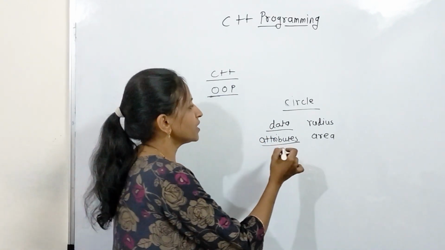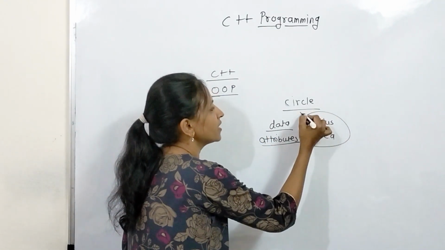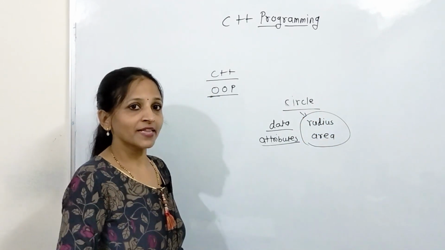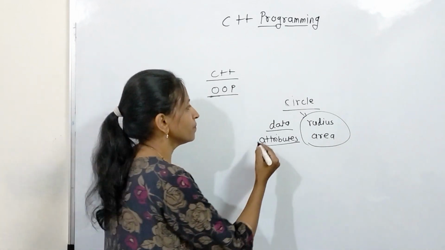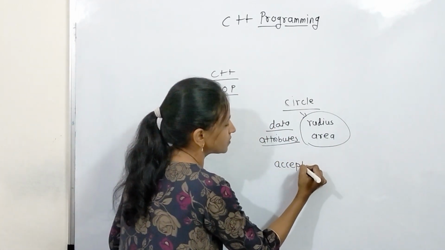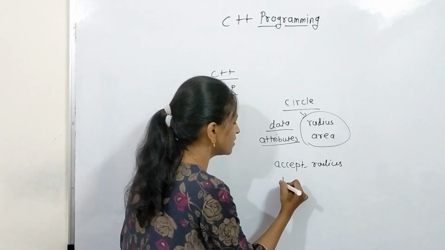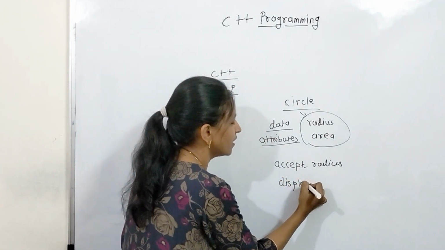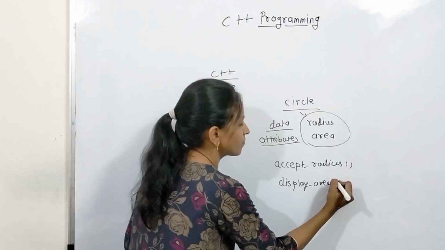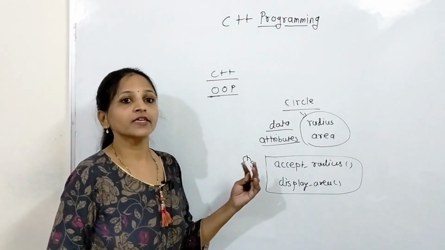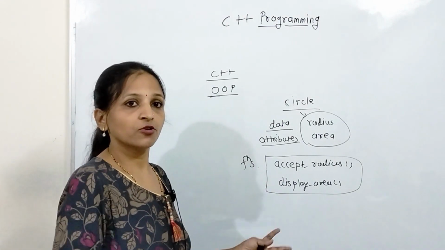Now this circle object has radius and area with it, and some functionality is also possible: you can accept radius from the user and you can display area. Okay, the second functionality is display area. These are two functions, or you can call them the behavior of that object.